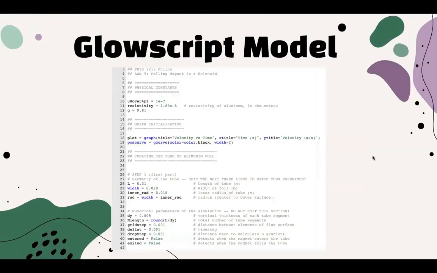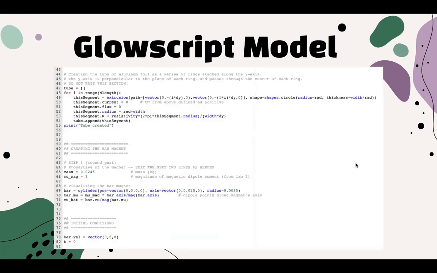My GlowScript model included creating the tube as well as a graph to show the velocity versus time. This also created the tube, and then I wrote out the properties of the magnet, including the mass and the magnetic dipole moment, as well as its position.